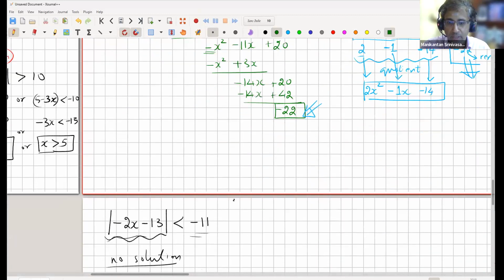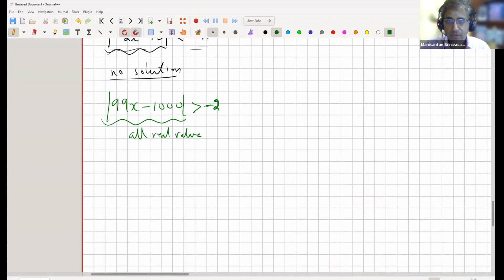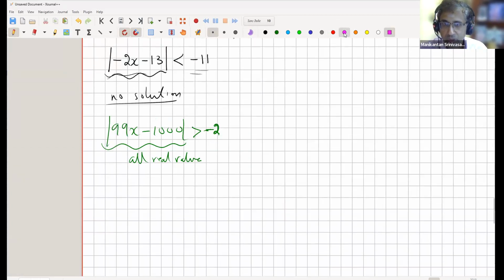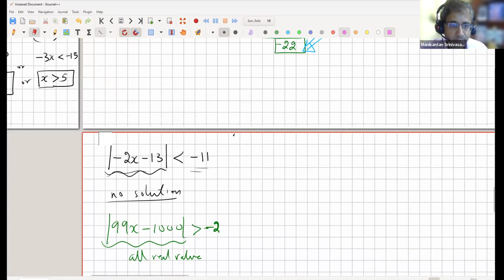Next, absolute value can be mixed with non-absolute value. By that, what do I mean? Okay, I'll erase this. I need space.